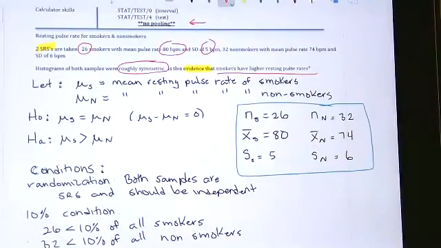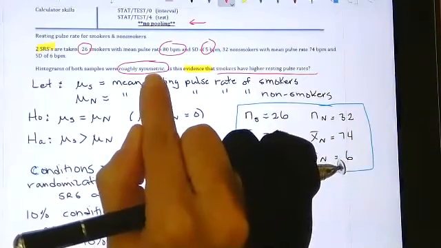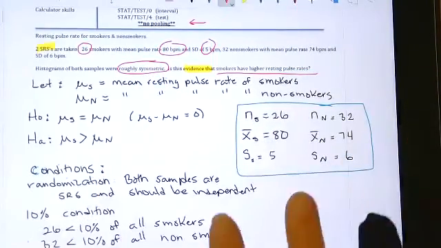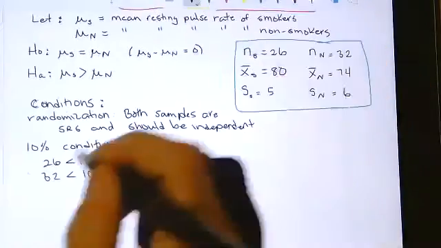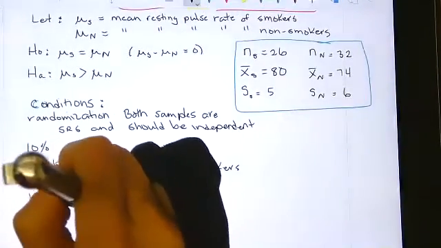They told us, they graphed it for us. So we don't have to graph it. We don't have the data, so we can't anyway. But they graphed it for us and they got histograms for both samples that were roughly symmetric. So even though the 26 is a little smaller than we like, that gives us evidence that it's okay to proceed.